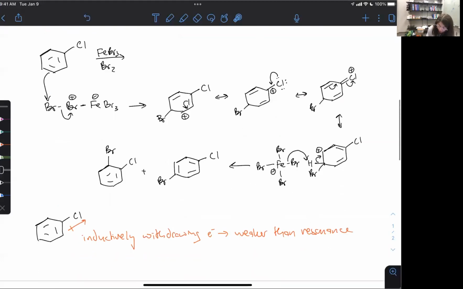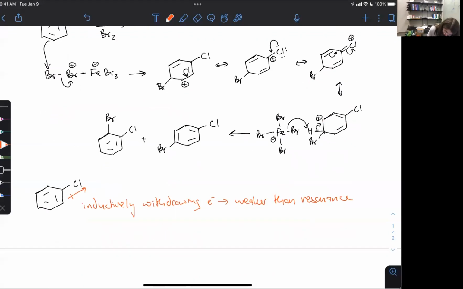But when you start getting to the next row of elements like chlorine, like bromine, those don't have good overlap with the carbon in terms of pi bond. So this becomes a bigger impact because this is a smaller impact, okay?